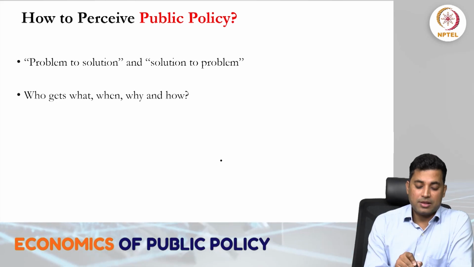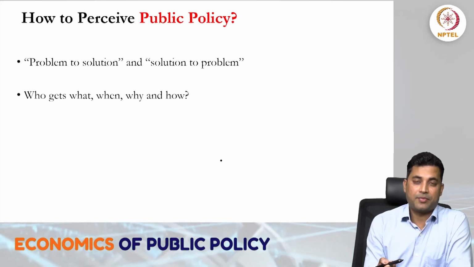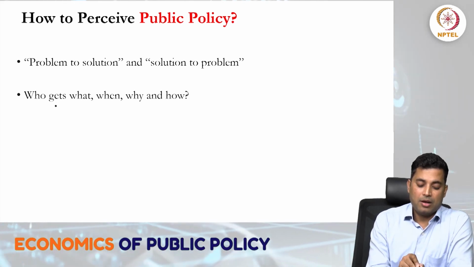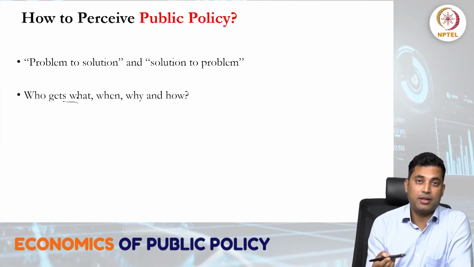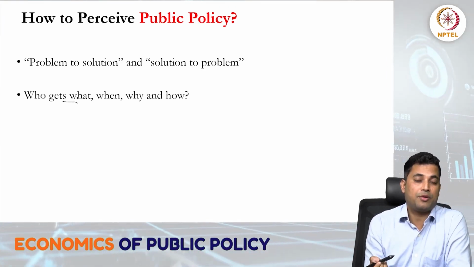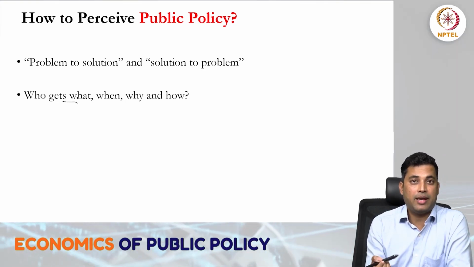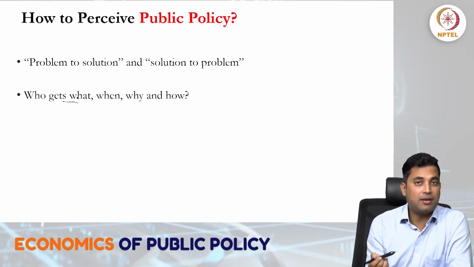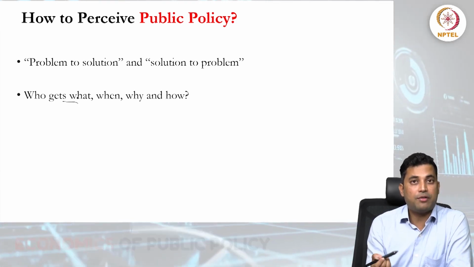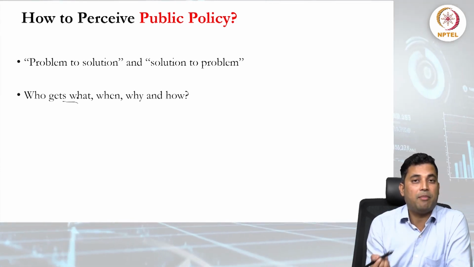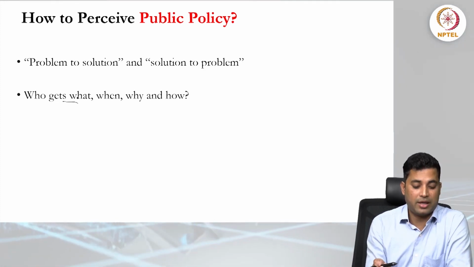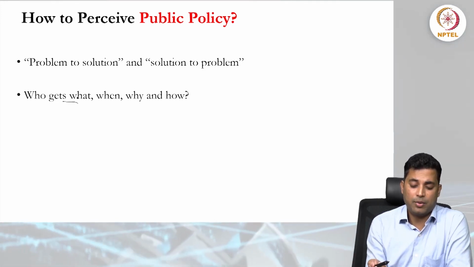Generally it comes down to who sets public policy, who gets what in the public policy. Even those who are framing the public policy also get something out of it. So it is not only for the people, but also for those who are policy makers: who gets what, when, why and how.